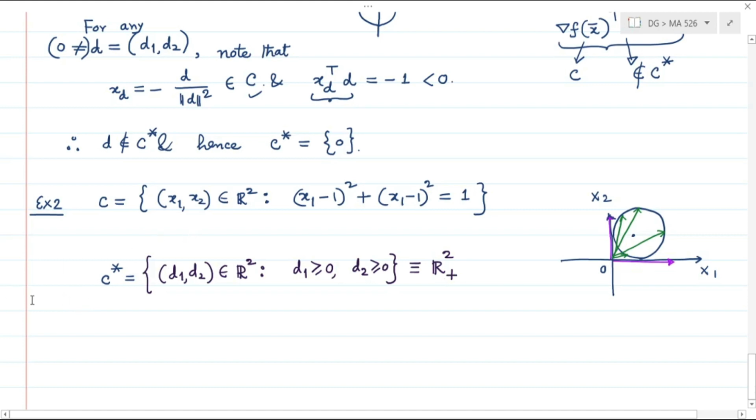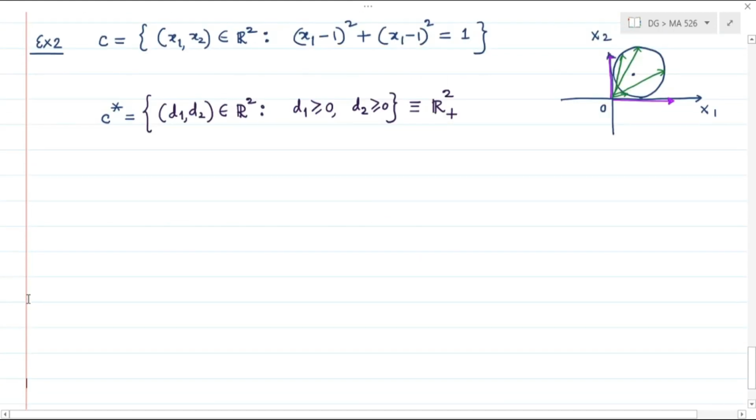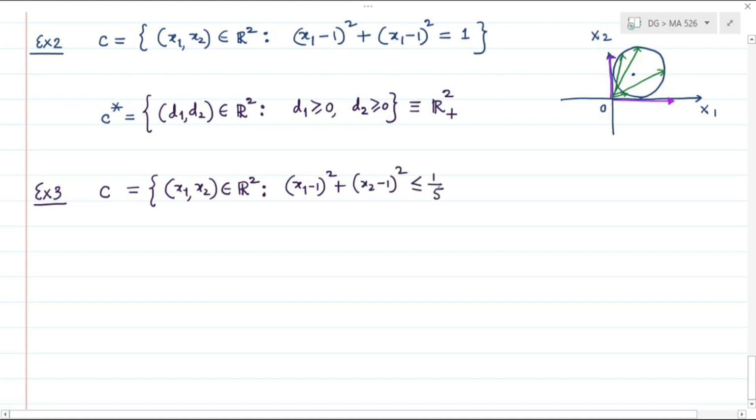Fine. Now let me consider another example. Example 3. Now let me consider C equal to the set of all those points (x1, x2) in R2 such that (x1 minus 1) squared plus (x2 minus 1) squared is less than or equal to 1 by 5.